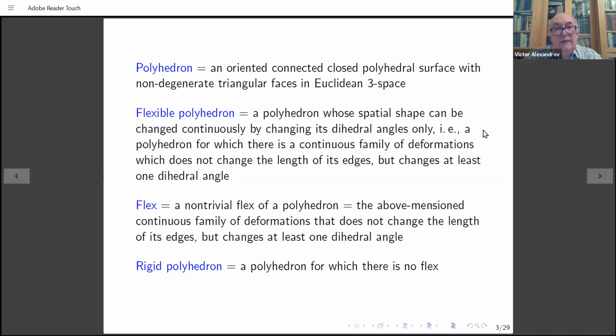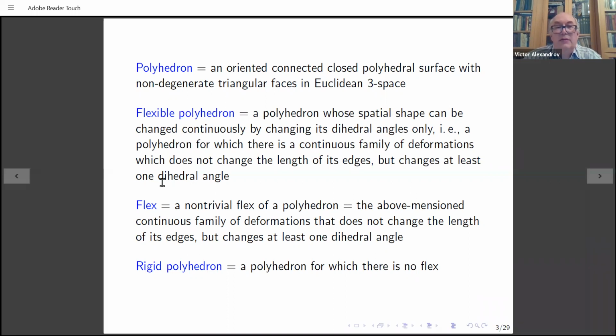I mean, a flexible polyhedron is such a polyhedron for which there is a continuous family of deformations which does not change the length of its edges, but changes at least one dihedral angle. Such deformations are called flexes. More carefully, I should say that this is a non-trivial flex of a polyhedron.